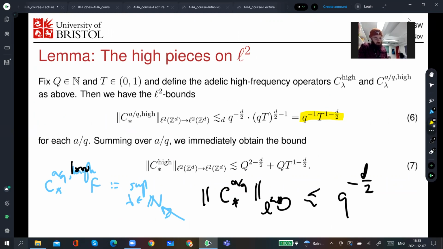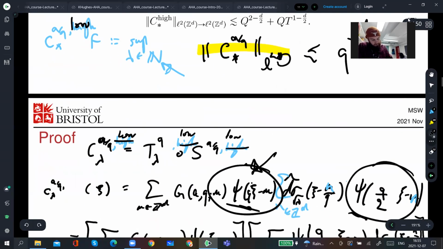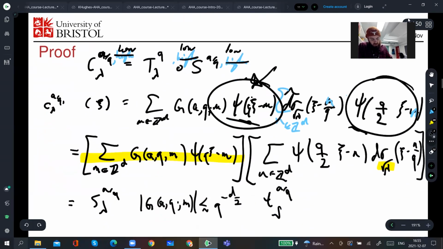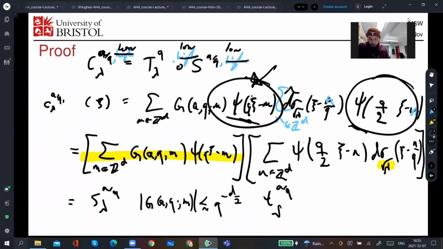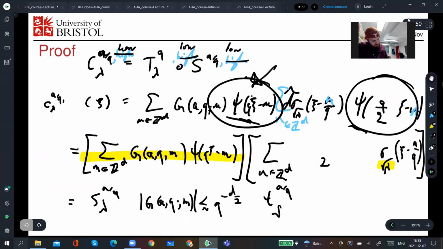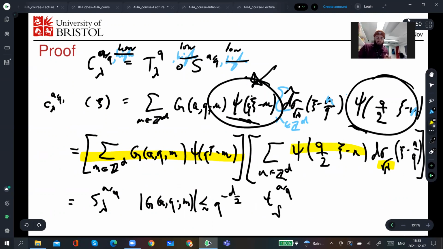When you don't have the high part and you just want to prove it for a big modulus Q, that's even easier than before, because you will use this separation trick right here. I've got this extra factor here that splits it into two very similar pieces.